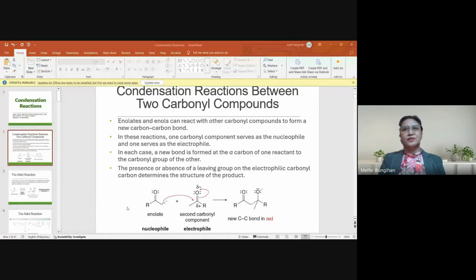So why enol and why enolate? Because an enol has a double bond and an alcohol. We know that where your carbonyl is, the double bond from your carbonyl goes to the electrons, because bonds can form lone pairs and lone pairs can form bonds, right?